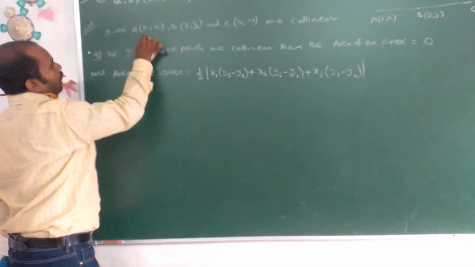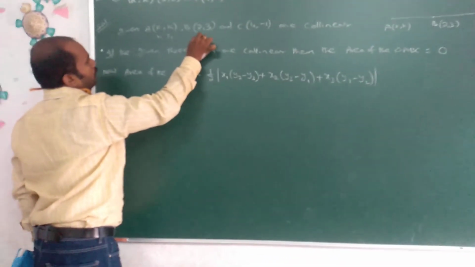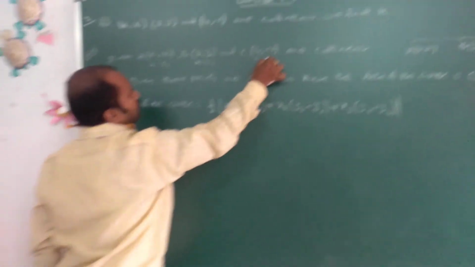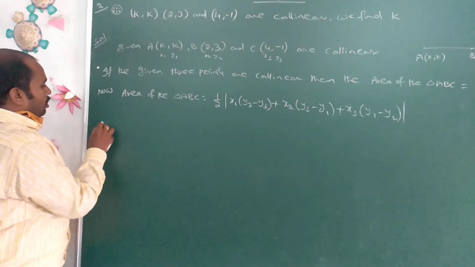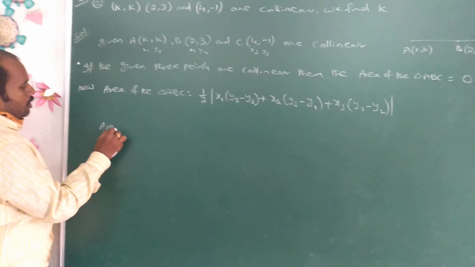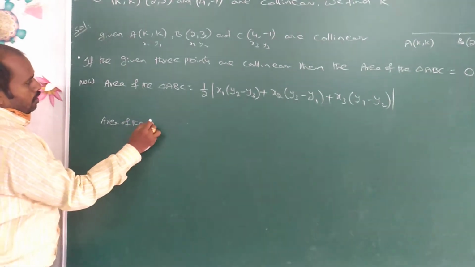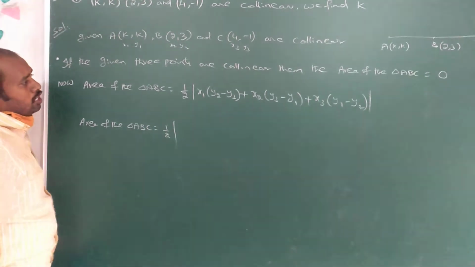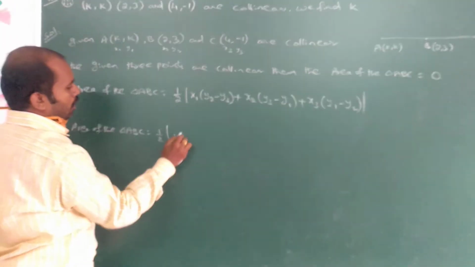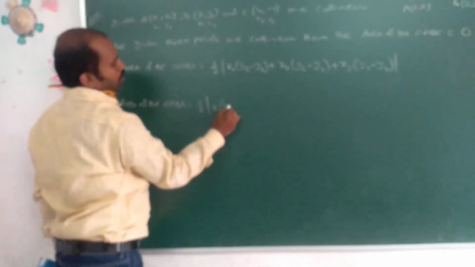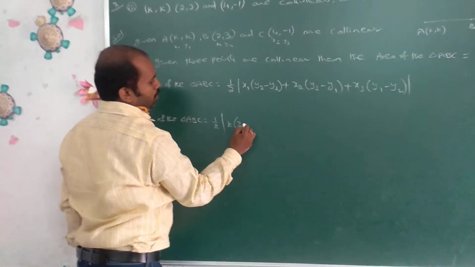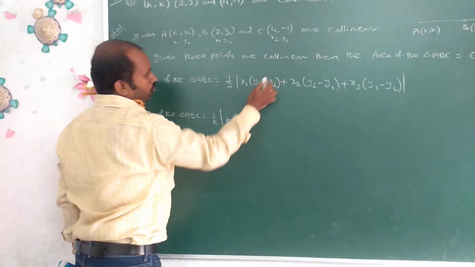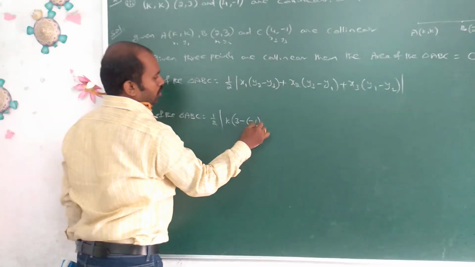Now A means x1 y1, B x2 y2, C x3 y3. Therefore area of the triangle ABC equal to half into modulus of x1 means k into y2 minus y3. y2 means here 3 minus y3. Already minus is there in formula. Again y3 value minus 1.